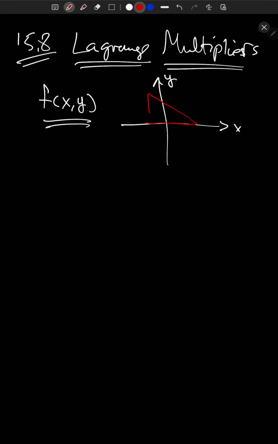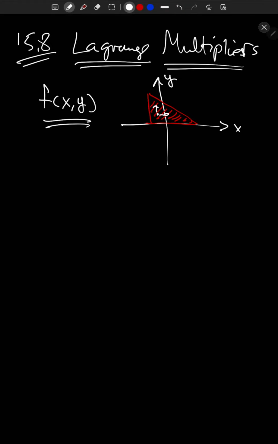So maybe we're interested in this region, and we wanted to find the maximum and minimum that f achieves in that shaded region. Okay, so the important feature relevant to this section is that this shaded region is two-dimensional, in that if you're standing in the region, you have two directions to move.